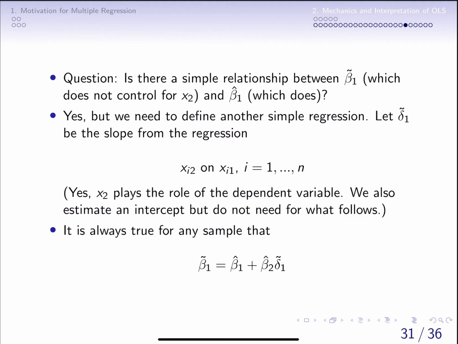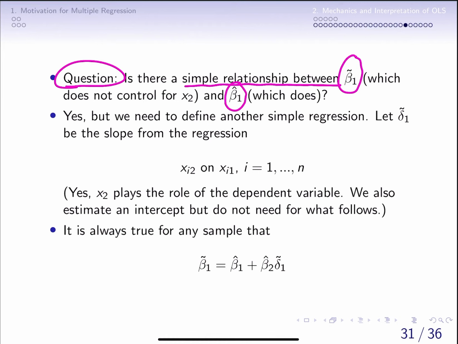Now, one question we might want to ask ourselves is, is there a simple relationship between the slope coefficient from the simple linear regression case and the slope coefficient from the multiple linear regression case?